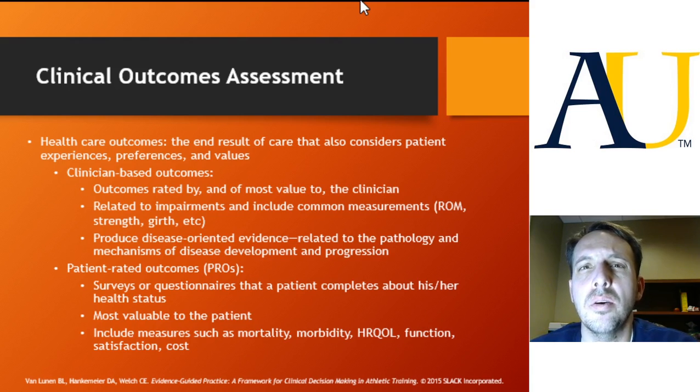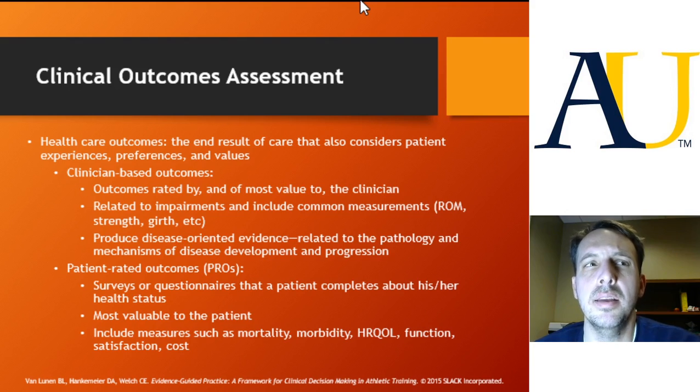So anything that you're generating the outcome data for, whether you're measuring range of motion or strength, maybe girth measurements, or even some functional measurements, like a functional balance test or different components like that, the clinician is the one that's deriving the measure. So it involves the patient, but only in the ability of the patient to perform a specific task given to them by the clinician.